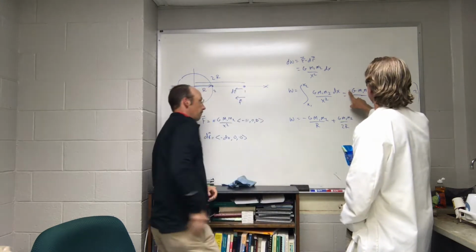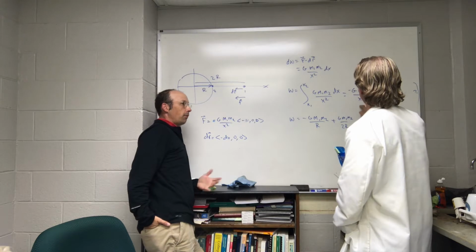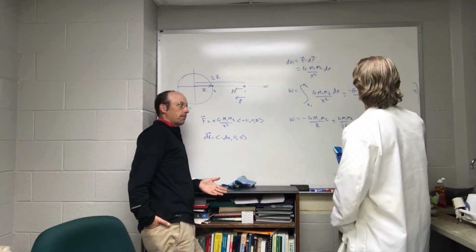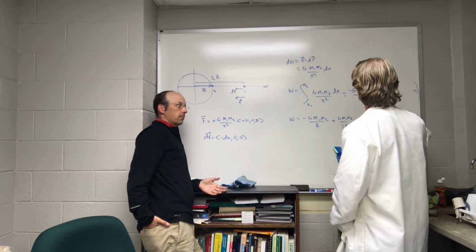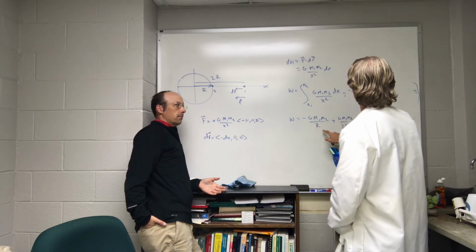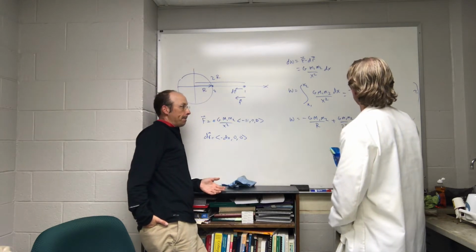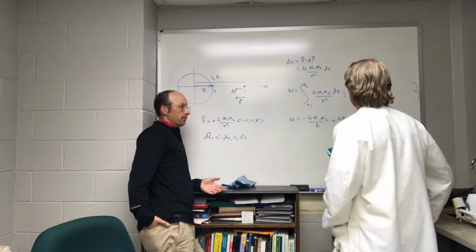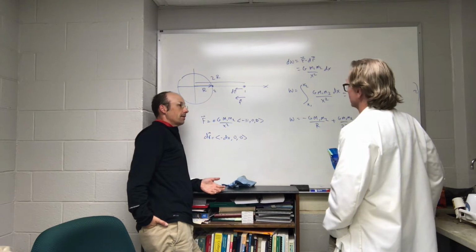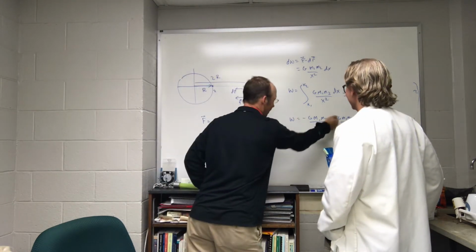But you're going from a big number to a small number, which means minus. Yeah, this number is bigger, so that's smaller, so the whole thing is negative. And then you just make that negative.